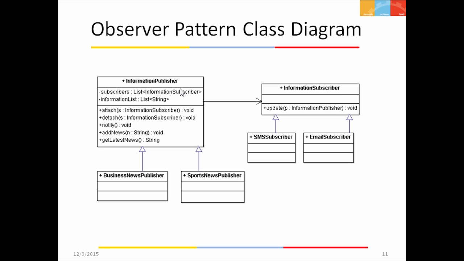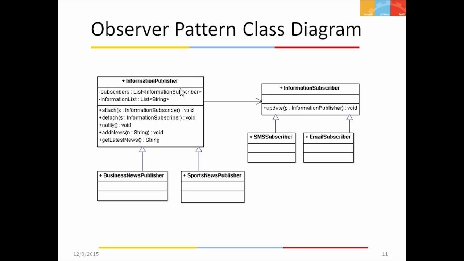And there is an information list, the list of information that needs to be broadcasted. Then this information publisher has a set of methods: attach a particular information subscriber or detach an information subscriber, a notification mechanism, notify, add news, or get latest news. So this is the publisher side.